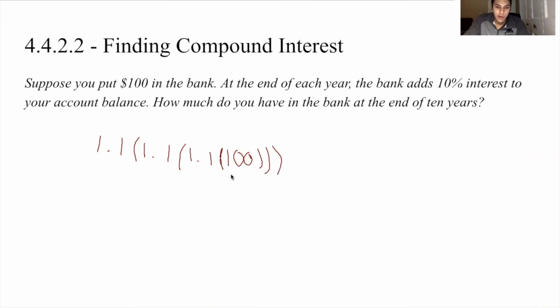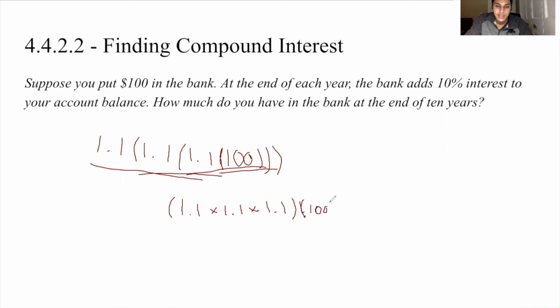So I multiply my original amount by 1.1, and then I multiply that by 1.1, and I multiply that by 1.1. And since the order that you do multiplication, if it's only multiplication, doesn't matter, I can simplify it to 1.1 times 1.1 times 1.1 for 3 years times 100.